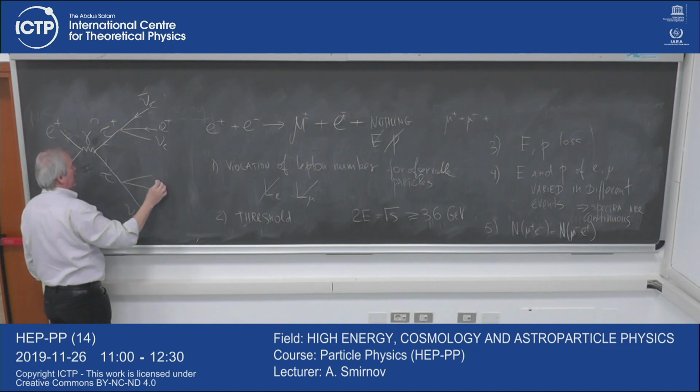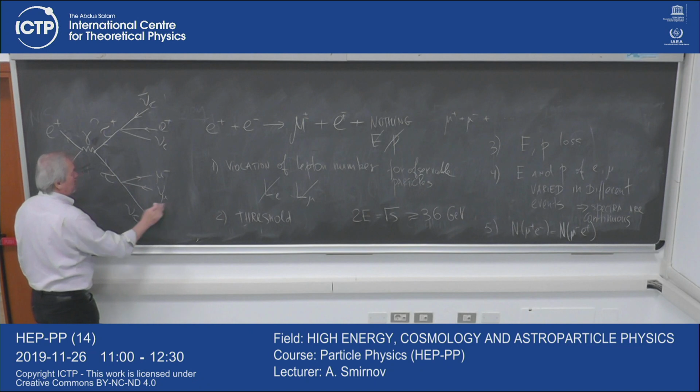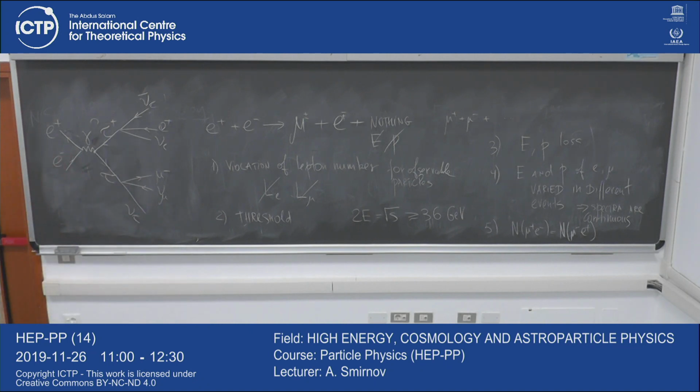And here we will have this tau minus, mu minus, and nu mu. You knew this, but I remember that once we were discussing this for half an hour at least. There were different ideas.